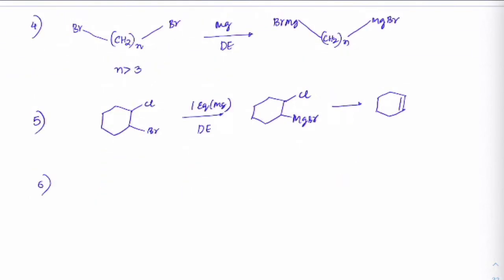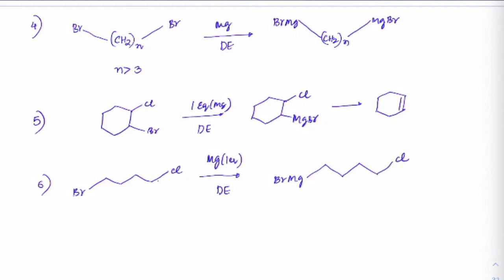Or in short, suppose I gave you Cl here, Br here, and said one equivalent of magnesium in dry ether. Let me write it this way: magnesium of one equivalent, then we will have BrMg connected with Cl.